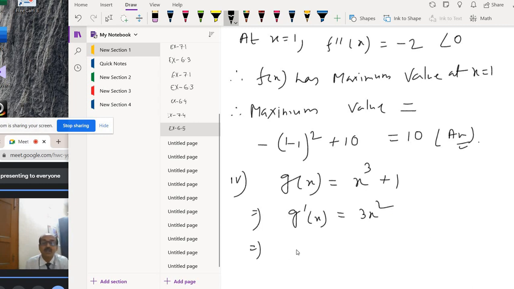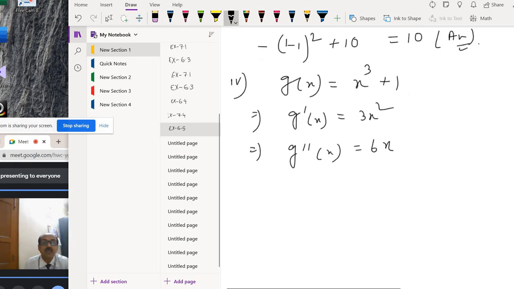Then second order g double dash x equal to 6x. Now apply the condition for maxima or minima.